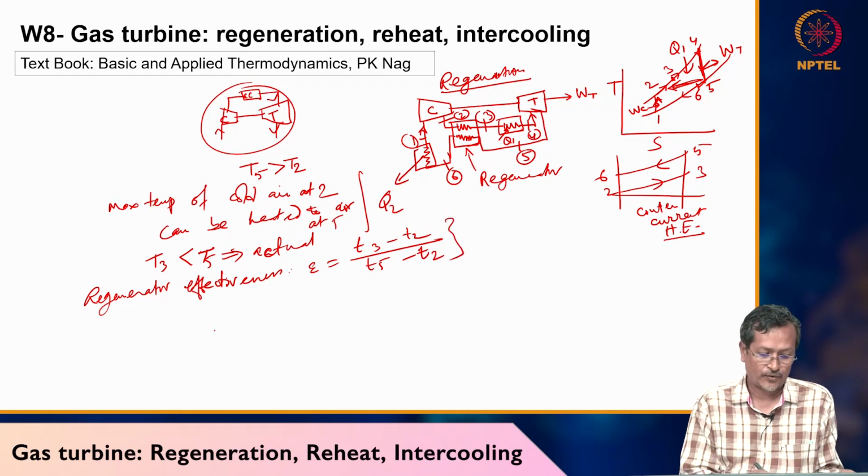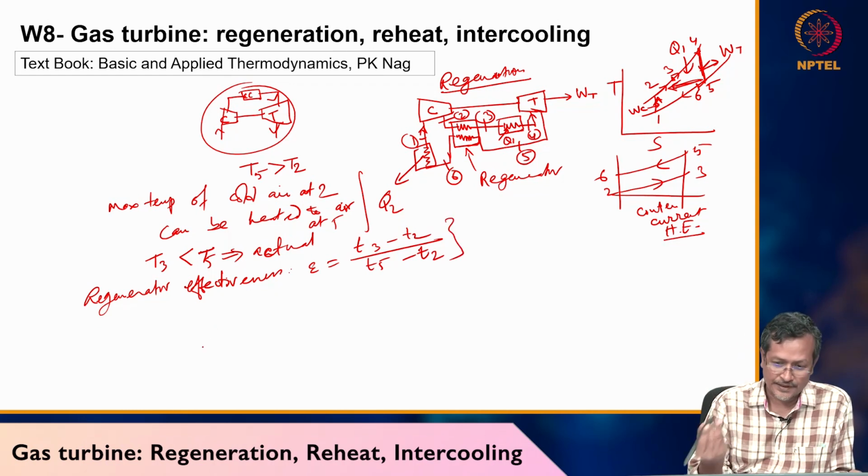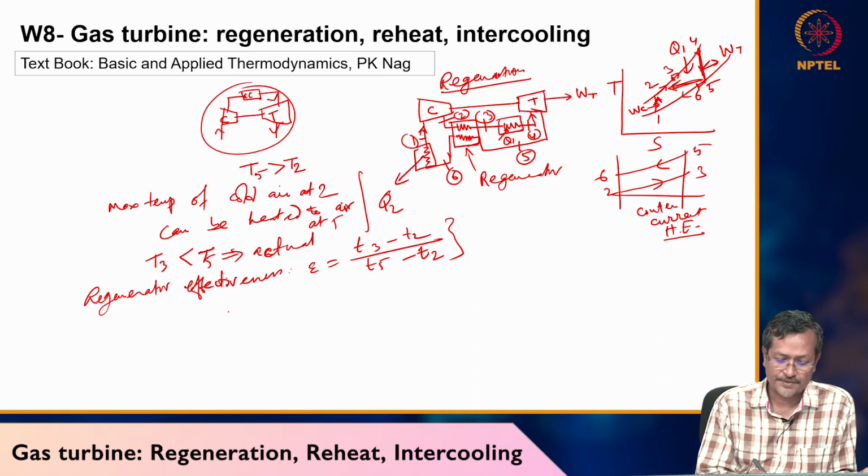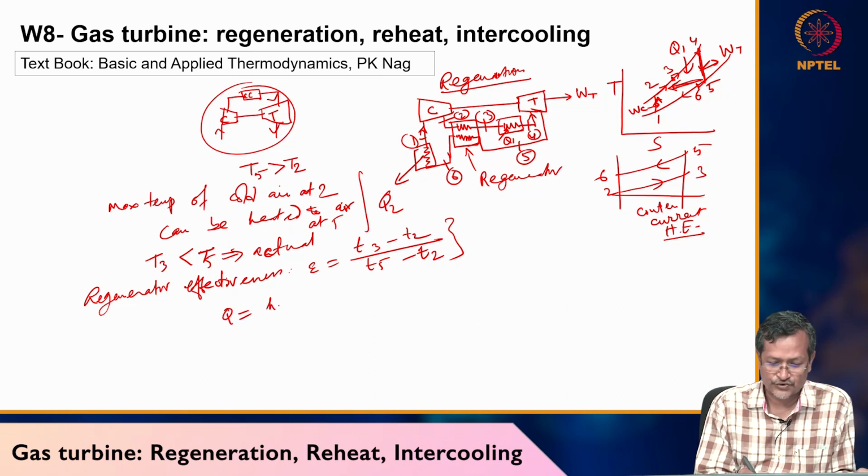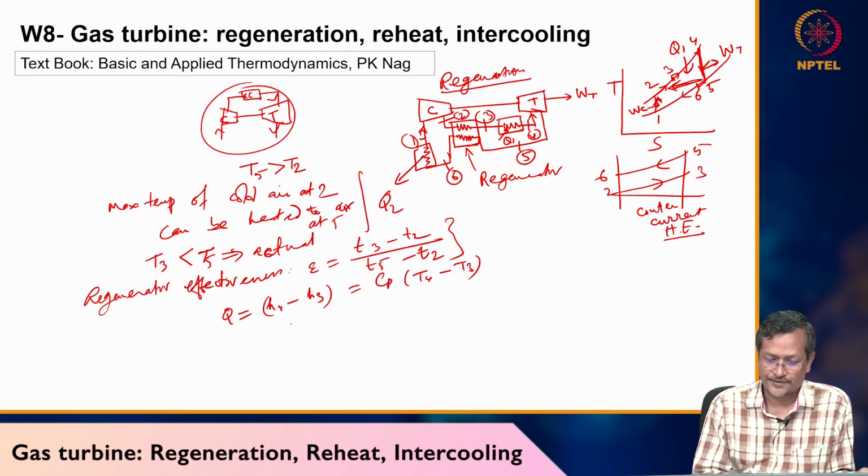Now, heat given to the system, Q1, equals H4 minus H3, which equals Cp times (T4 minus T3).